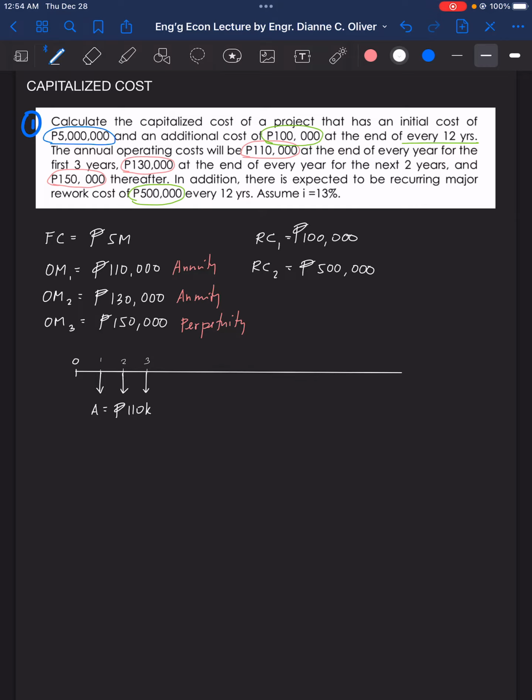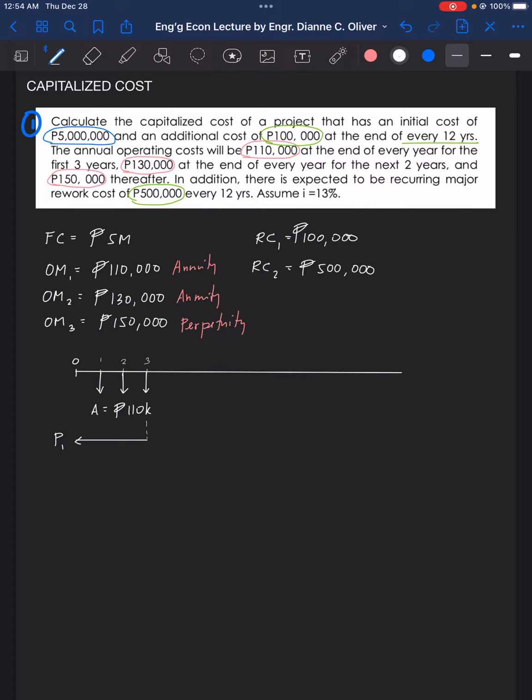And since we are dealing with capitalized costs, we will need to compute the present worth, or the present cost for this. And let's name that as P sub 1 for the 110K. Now for the second one, the 130,000, it says there, at the end of every year for the next 2 years.